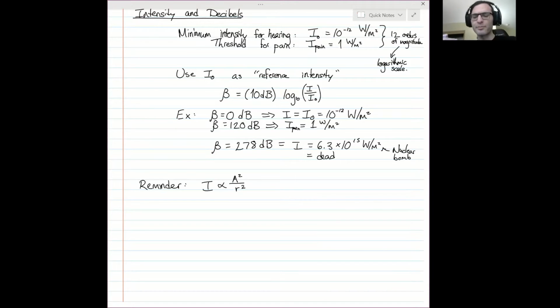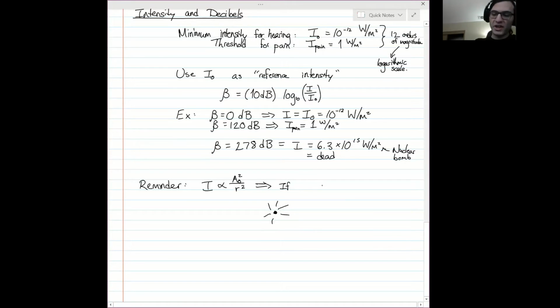That is to say, if you have a source producing sound, and you double the distance but keep the original amplitude, let's call this A naught, the same, then the intensity will drop by a factor of 4. If you double the original amplitude but stay the same distance away, the intensity will increase by a factor of 4.